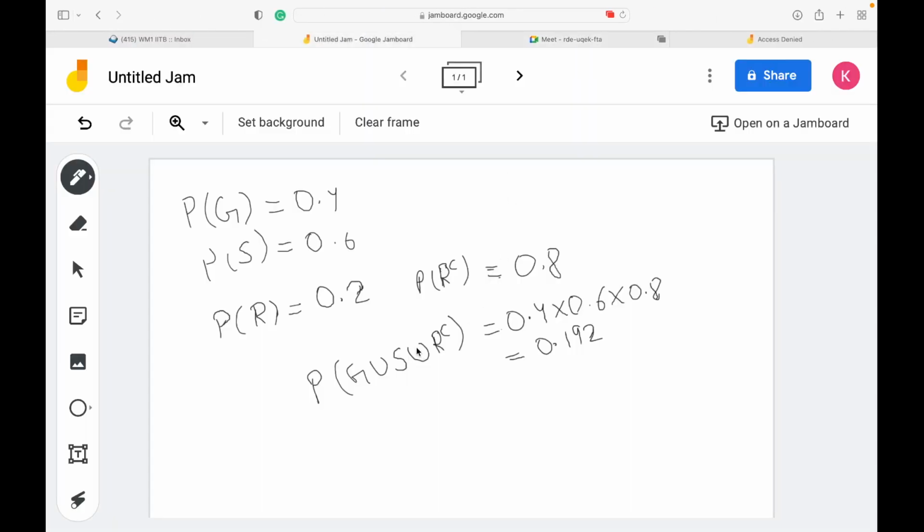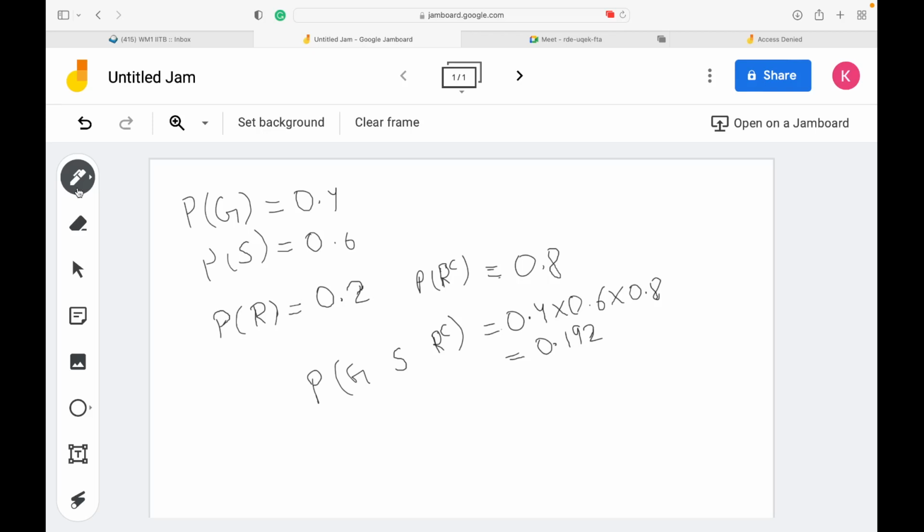So in this question, this is not union, this is intersection. Not intersection, it is like "and". Union will be the probability that either Geeta will pass the test, Sita will pass the test, or Ramesh will not pass the test.